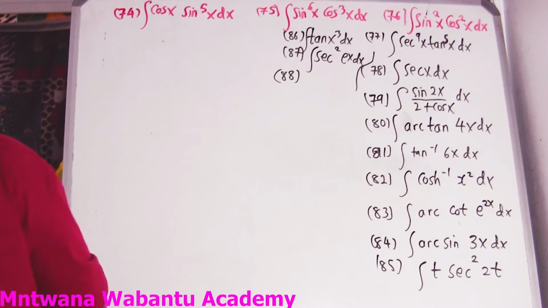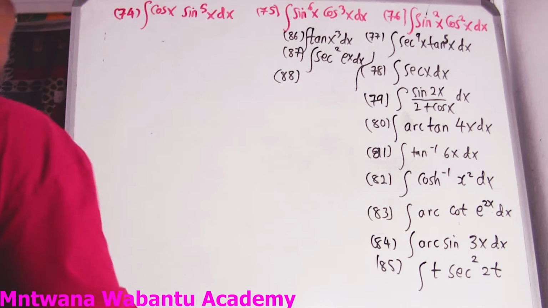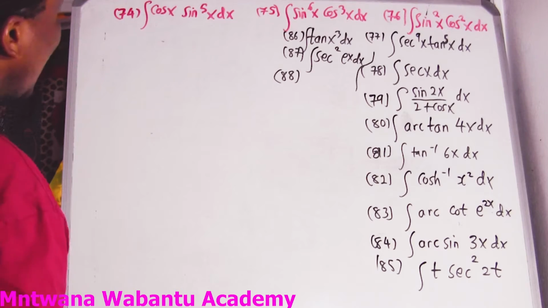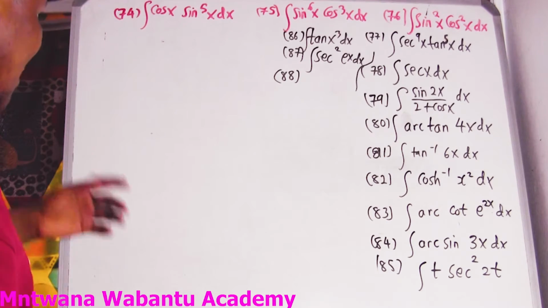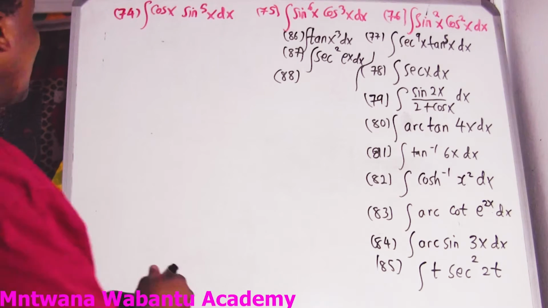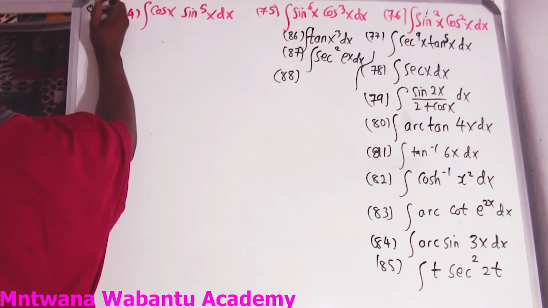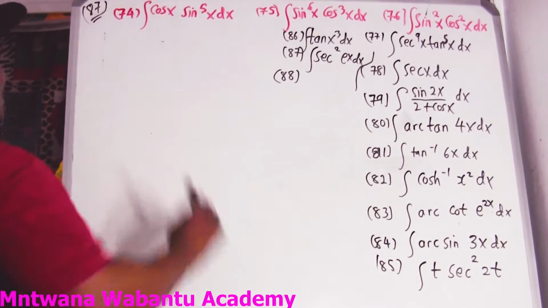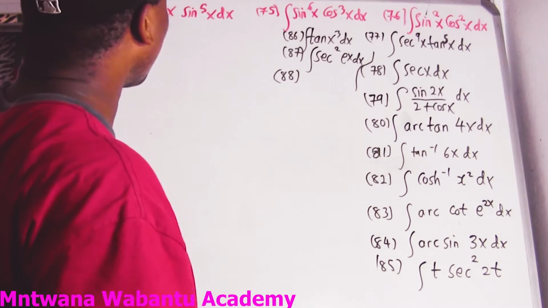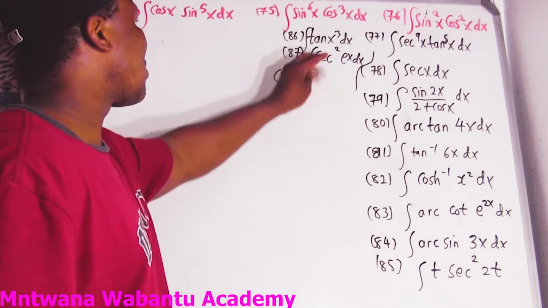Let me just do this one first because the problem is the space. This question here is easy. So if I finish this, it means I'm in question number 87. Let me write here so I will remember. Sometimes I don't go in order. Let me start at 87 so I can have enough space here.